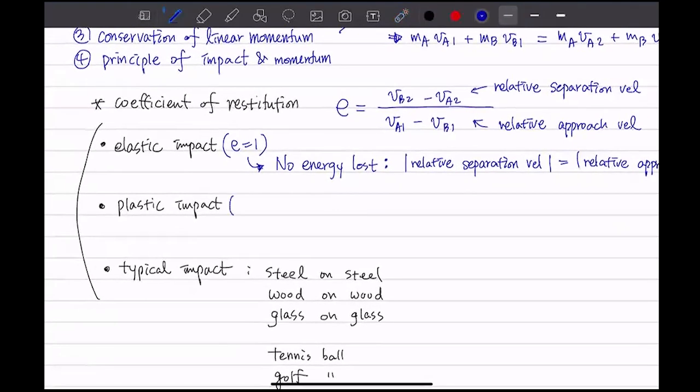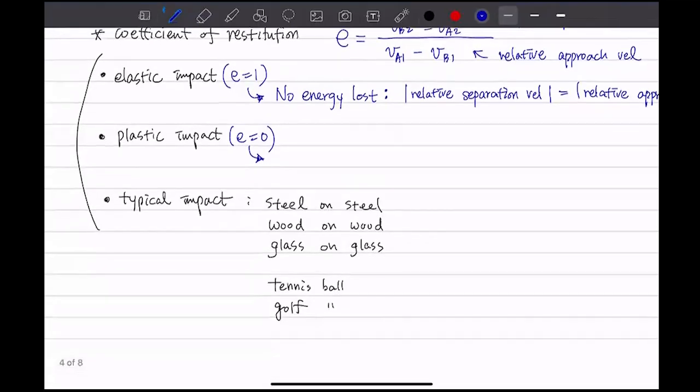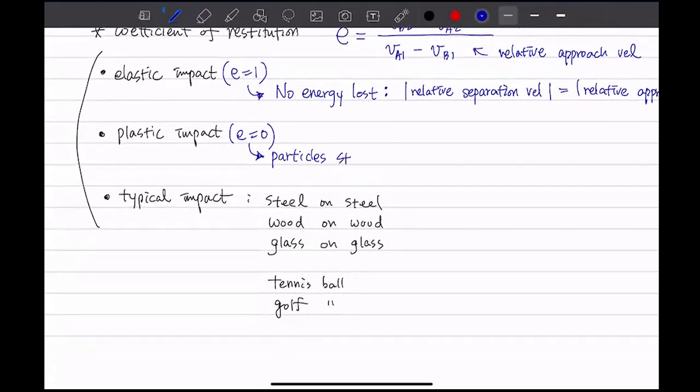And plastic impact is the very opposite case, where e equals 0. In this case, the particles stick together. In other words, the relative separation velocity is 0.